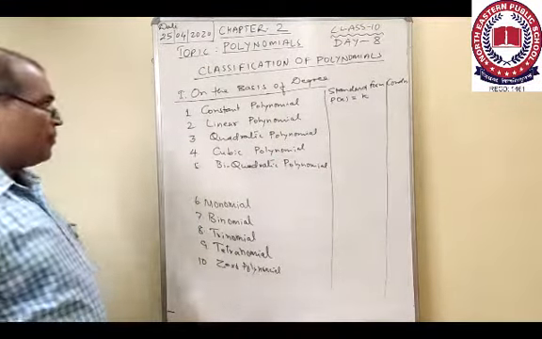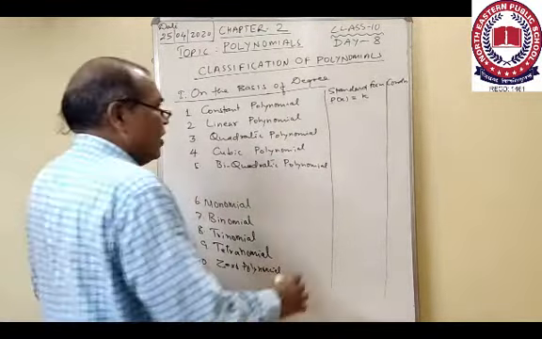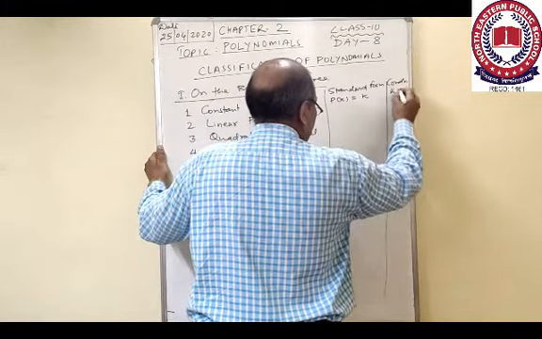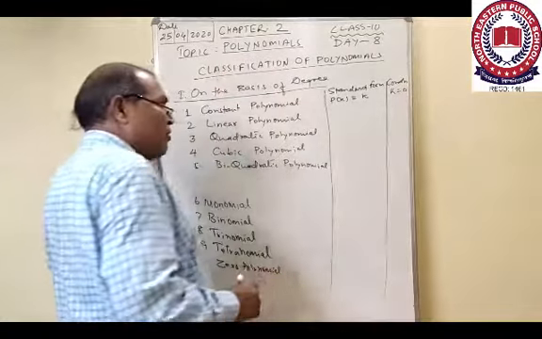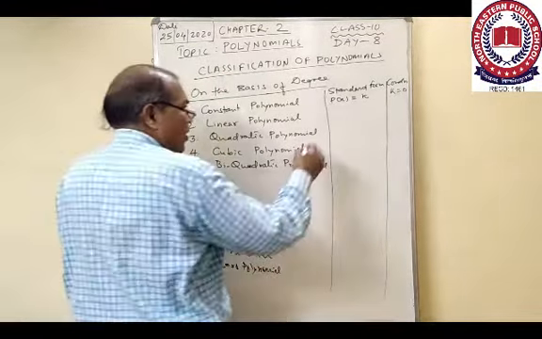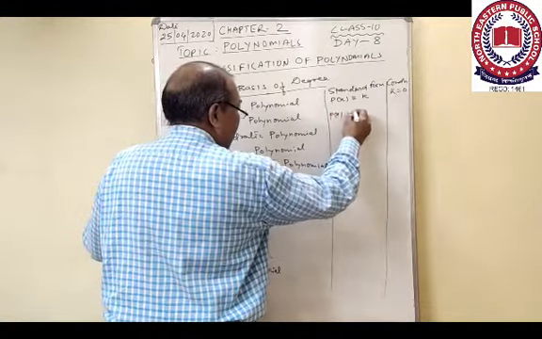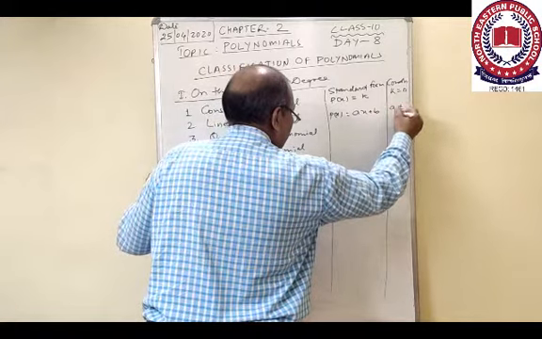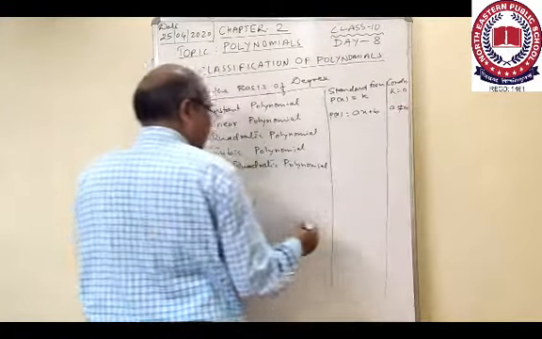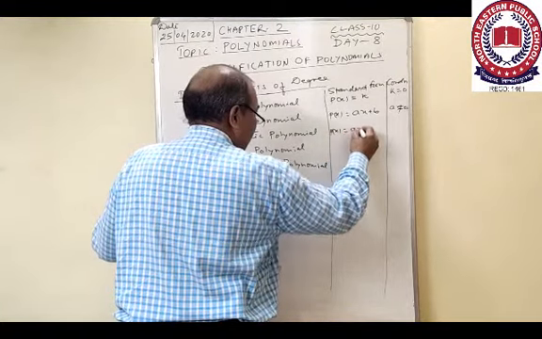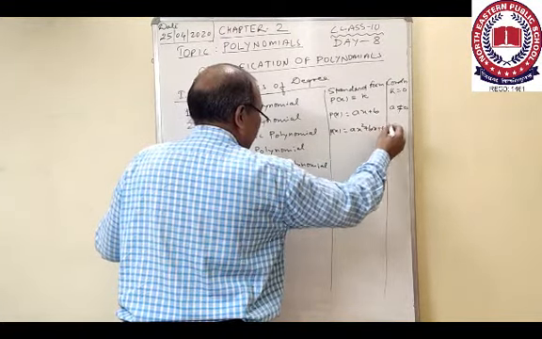Constant polynomial is simply written as p of x is equal to k. Here this value k should not be 0, it should be other than 0. Linear polynomial p of x is written as ax plus b. Here a is not equal to 0. In a quadratic polynomial, p of x is given by ax square plus bx plus c.